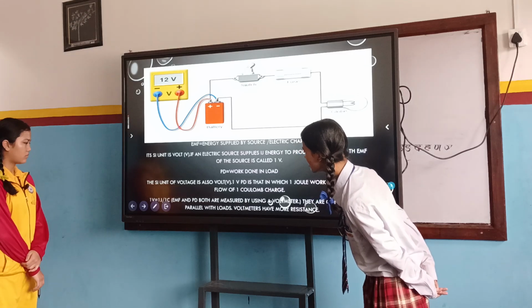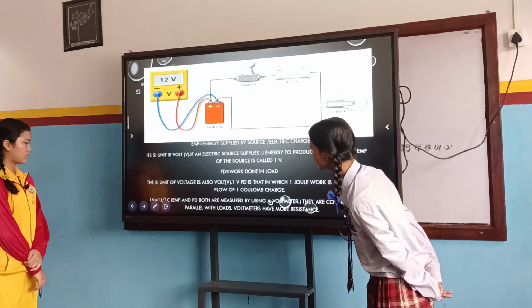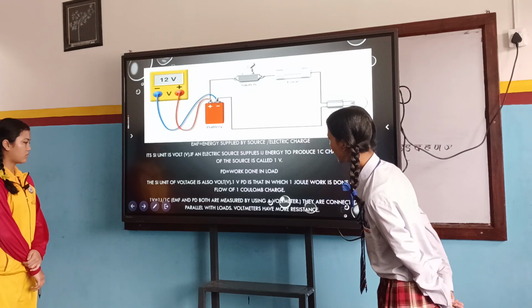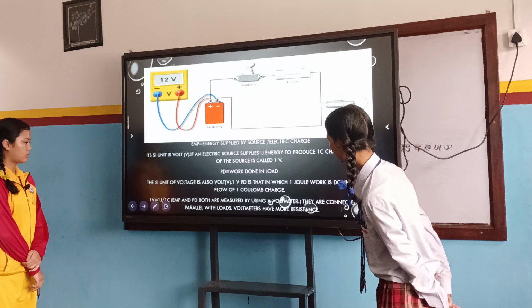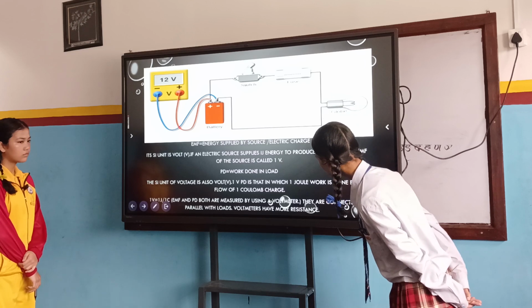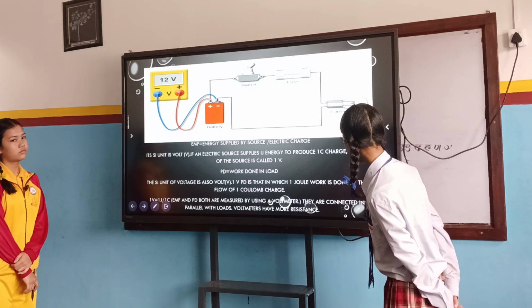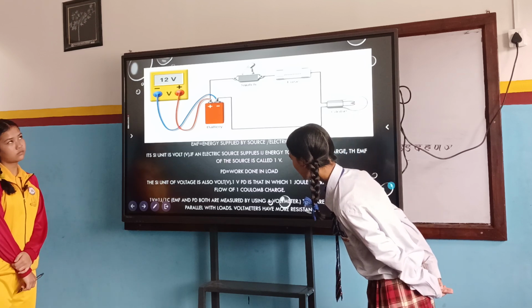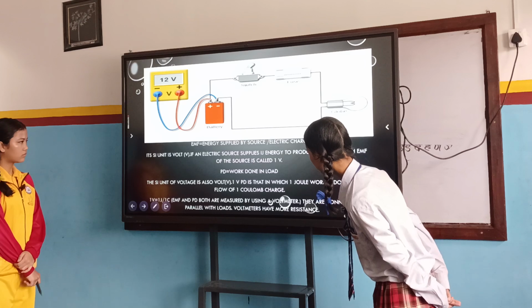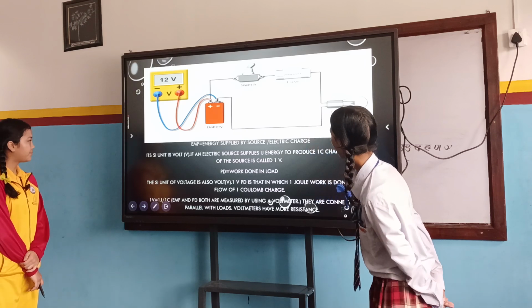V is equal to 1 joule upon 1 coulomb. EMF and PD are both measured using a voltmeter. They are connected in parallel with the load and the voltmeter has more resistance.